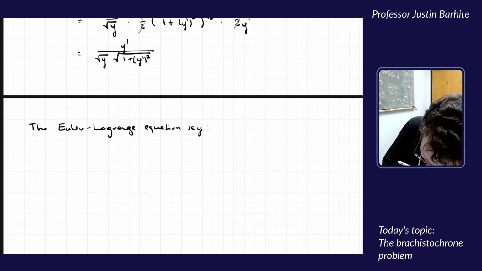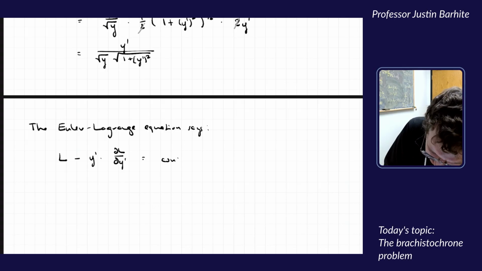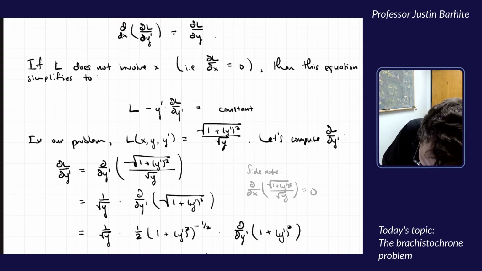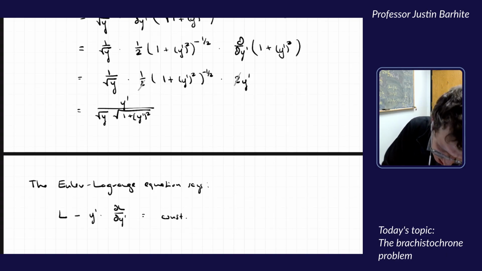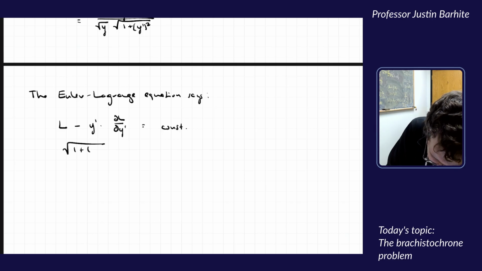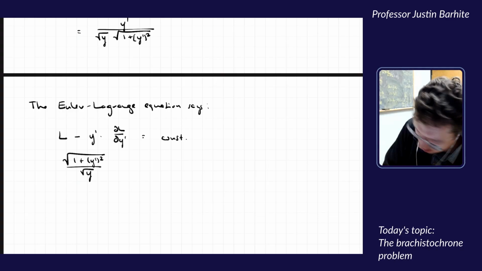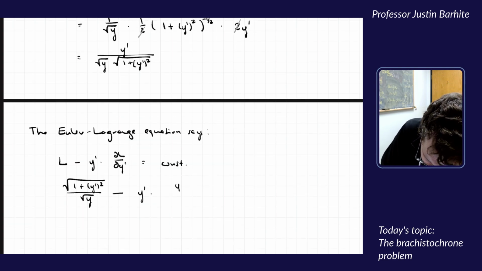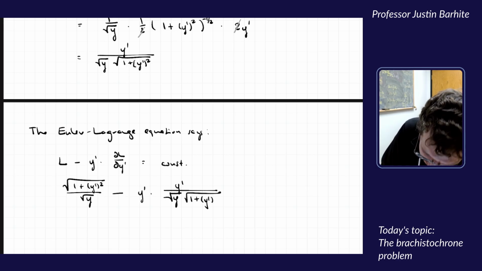So now the equation says that L minus y prime times that partial derivative is a constant, and L was that thing, so root 1 plus y prime squared over root y, minus y prime times this partial derivative that we just calculated, which is y prime over root y root 1 plus y prime squared.